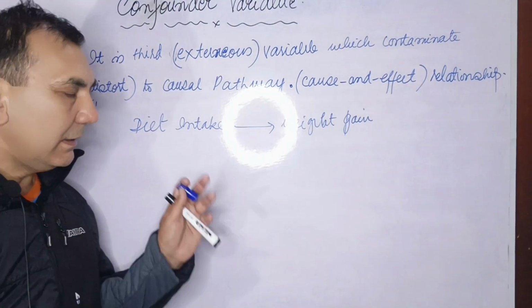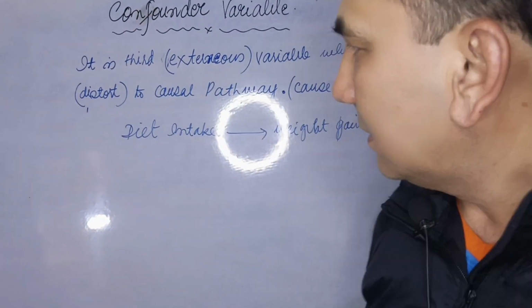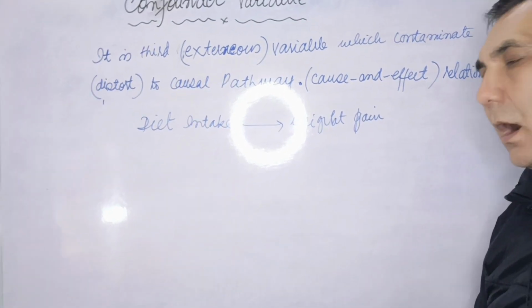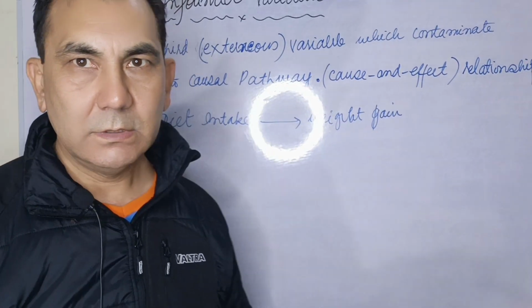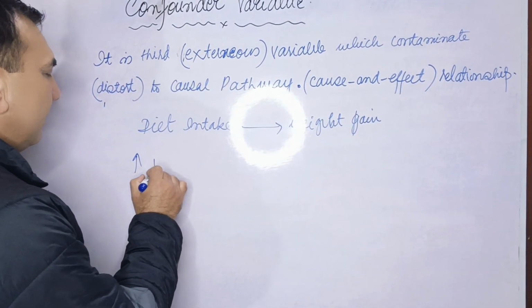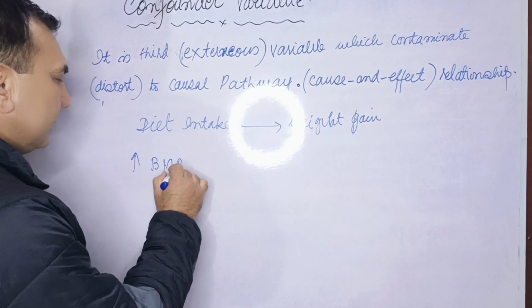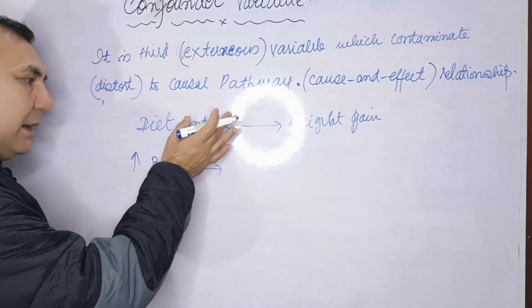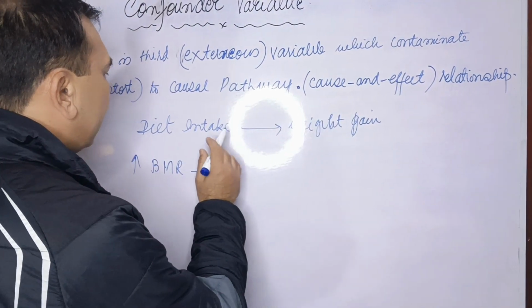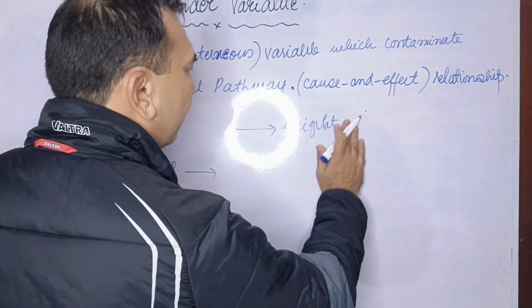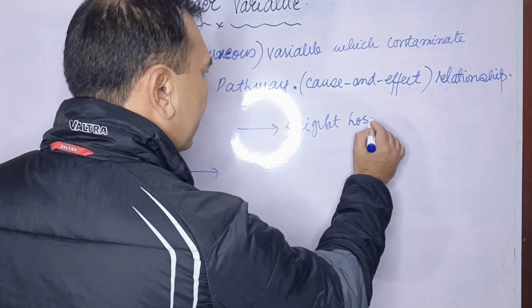Now, in this case, there may be many factors that are confounders, like an increased basal metabolic rate. As you know, an increased basal metabolic rate will increase the weight loss. Low diet intake is a weight loss, okay.